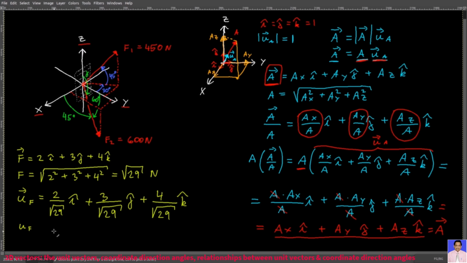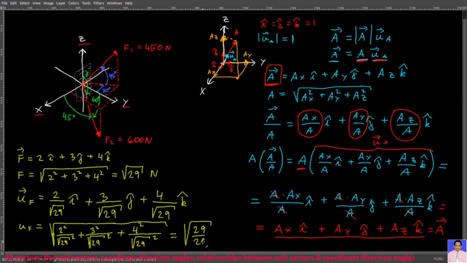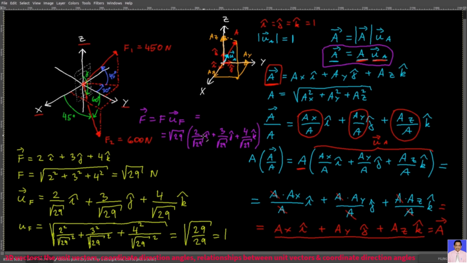And the magnitude of this F unit vector is this one, which gives you square root of 29 over 29, which gives you 1. And also, just like with this formula here, in the same way we can write F vector equals the magnitude of F vector times the general unit vector in the F direction. The magnitudes cancel out, and you're left with your original F vector.